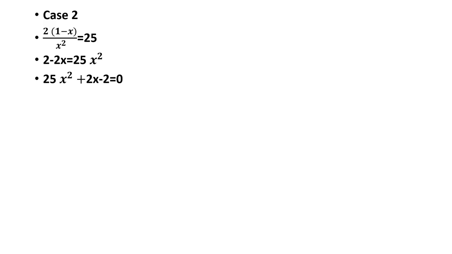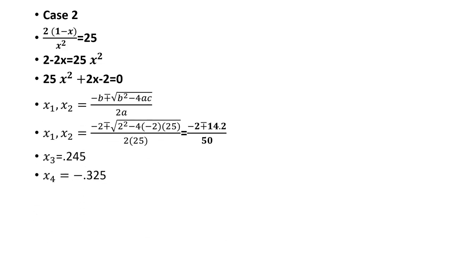If we use the minus sign, again, if we do the cross product, 25x², and if we take these two terms to the right side, we have 25x² plus 2x minus 2 equal to 0, and from there x1 and x2 are going to be equal to this term. That's the general equation which we use for solving the quadratic equation.